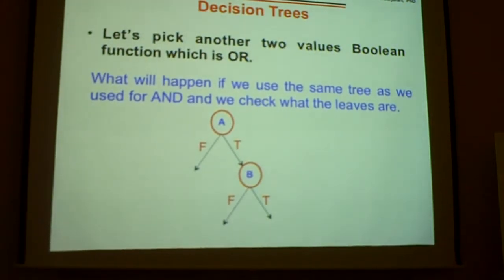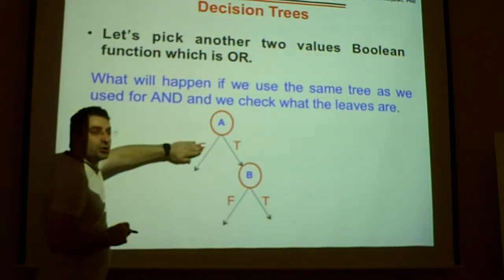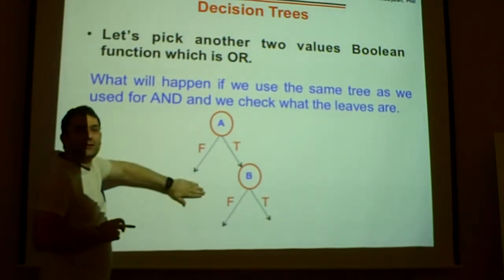If A is false, what do I get? We still have to check. It can still be true. If A is false, I cannot get to a decision, right?